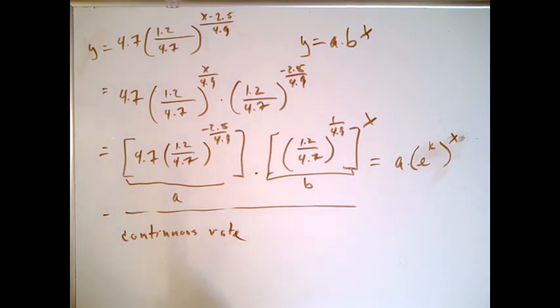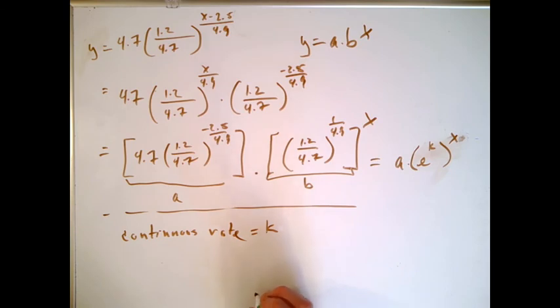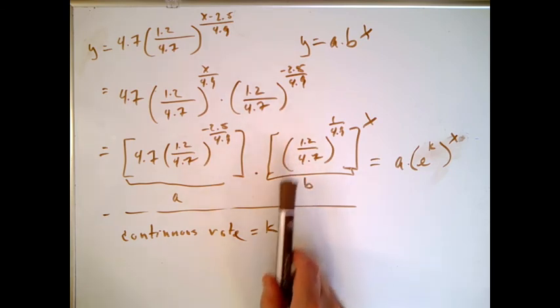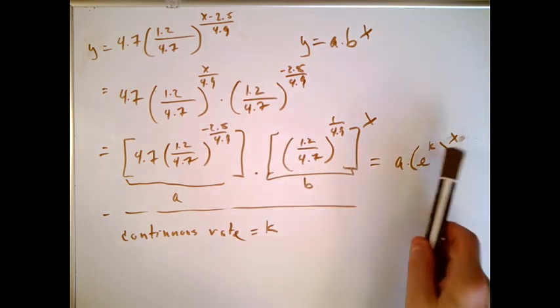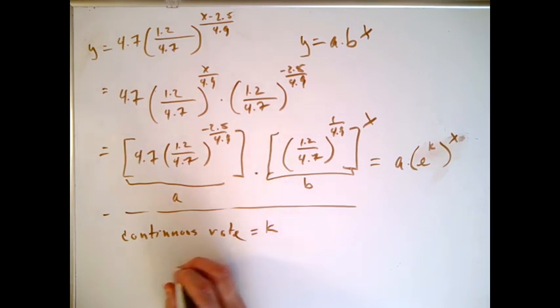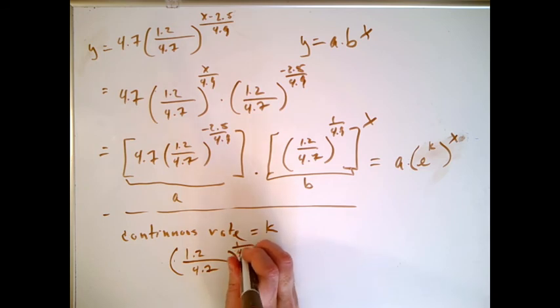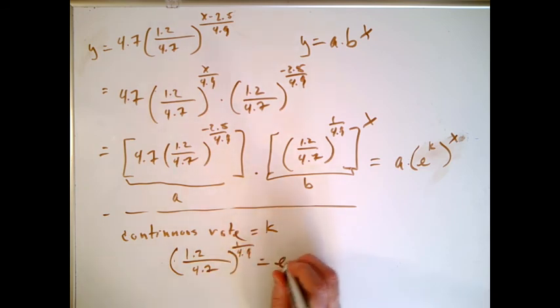And the reason I did that is we want to solve for k. So what I'm going to do is take my b, which is being raised to the x, and set it equal to e to the k, because that's also being raised to the x. So I'm going to take my 1.2 over 4.7 to the 1 over 4.9. I know that's e to the k.